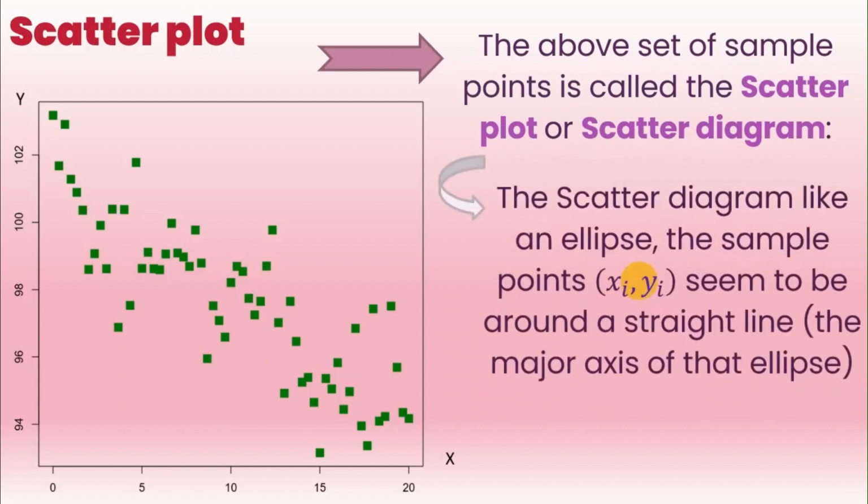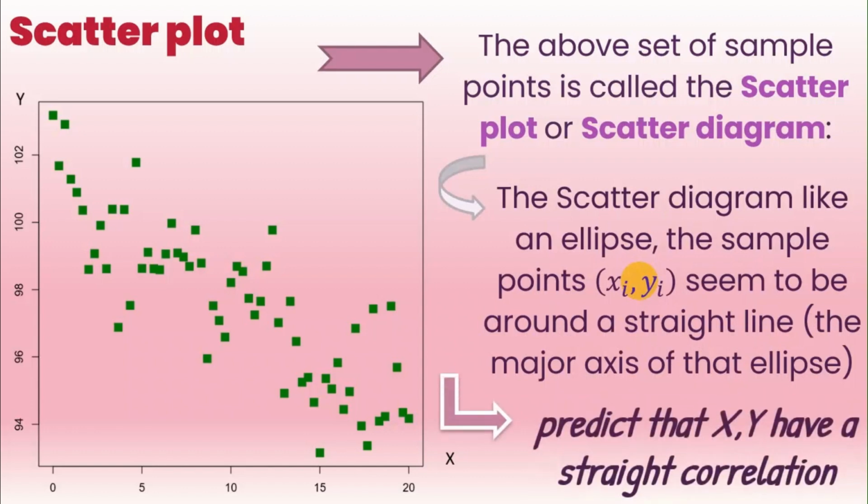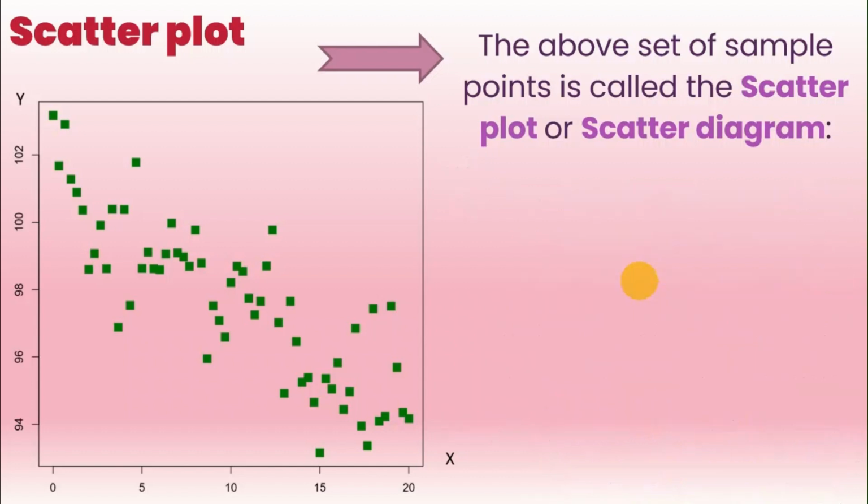If the scatter diagram is like an ellipse, the sample points xi and yi seem to be around a straight line, the major axis of that ellipse, and then we predict that x and y have a linear correlation.